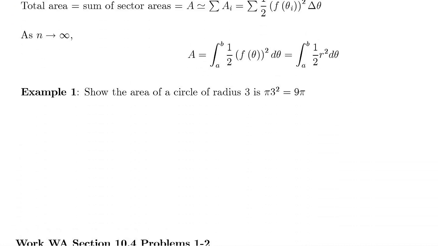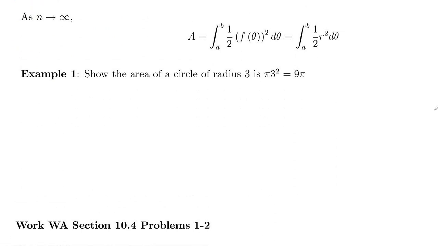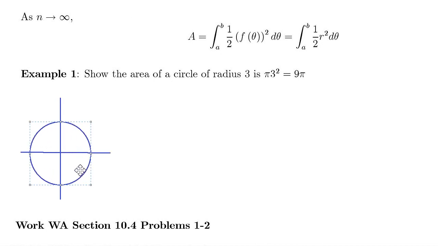So now let's try an example here. We want to show that the area of a circle of radius 3 is pi times 3 squared, which is 9 pi. Okay, so if we sketch what's going on here, X and Y axis, got that circle of radius 3, looks like that. So the equation of this is r equals 3.